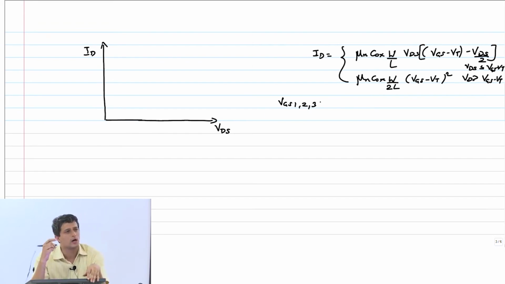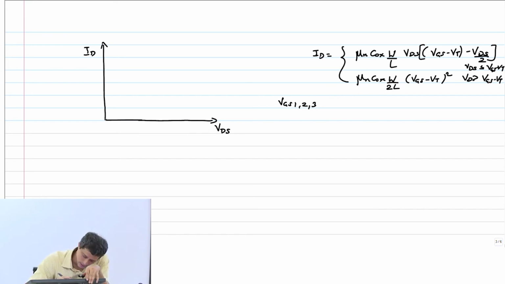So what will the curve look like initially when VDS just exceeds 0? In what region of operation will the transistor be? It will be in the linear region because VDS is less than VGS minus VT.